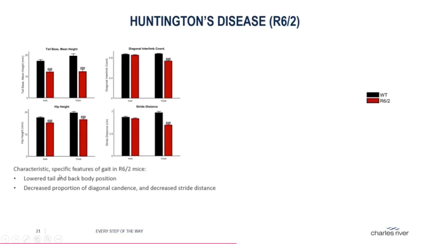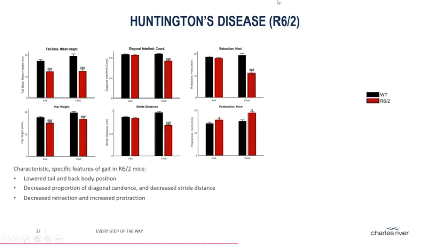Proportion of diagonal cadence as well as stride distance decrease as the mice age. As the hind limb retraction, extension to backward direction decreases, at the same time protraction, extension to forward direction increases.